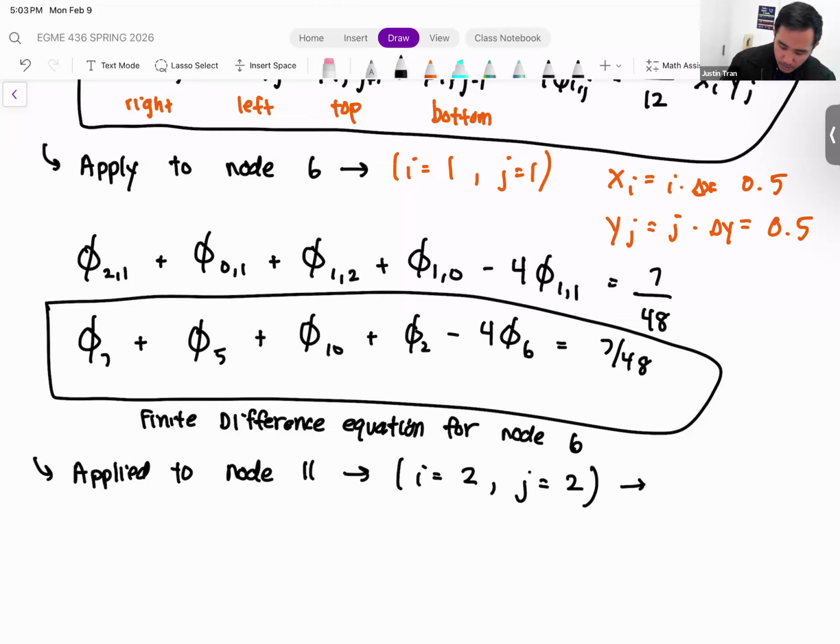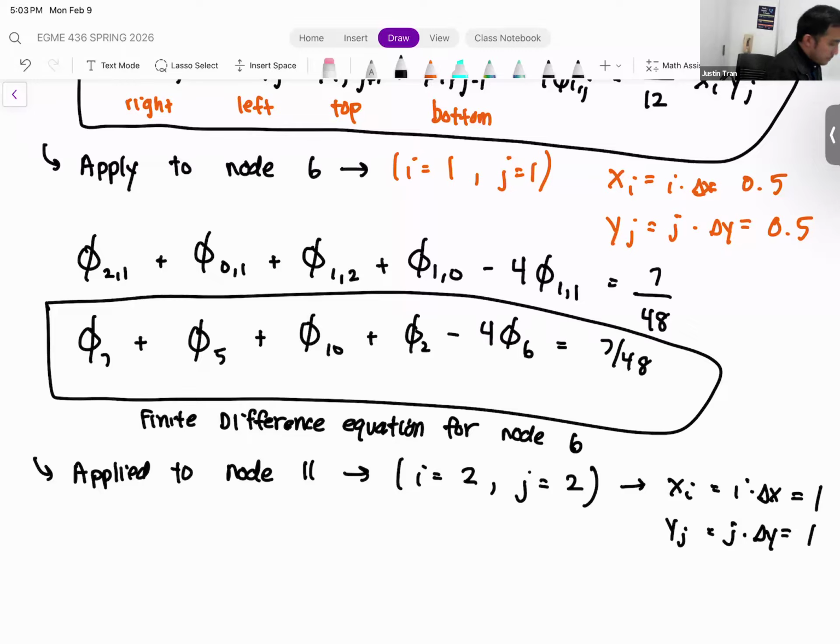From that, we can compute its physical coordinates, xi, yj. xi is just i multiplied by the grid spacing in the x direction, delta x, and so that is 2 times 1/2, which is 1. And then yj is the j index multiplied by the grid spacing in the y direction, which again is 1.